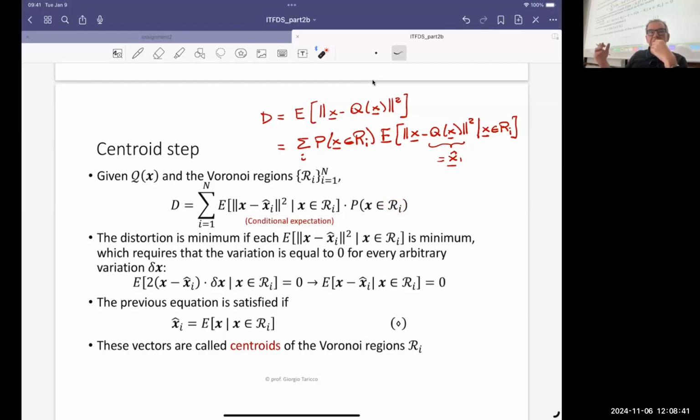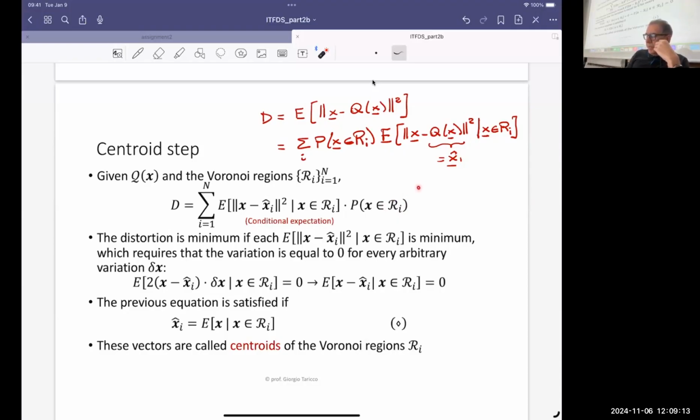It doesn't depend on the other x hat i. Similarly, the second term depends only on x hat 2 and so on. So we have a sum of functions that depend individually on the different variables. If we want to minimize the sum, we can just minimize each function. And this is what we do.